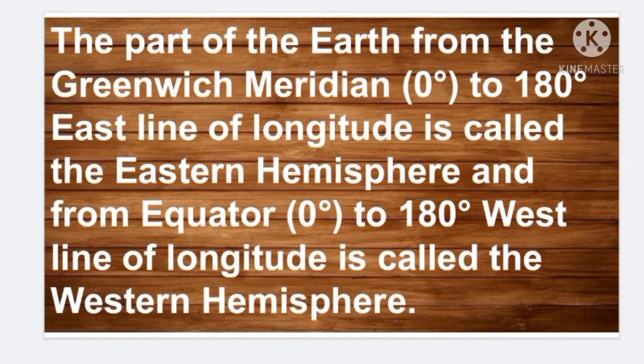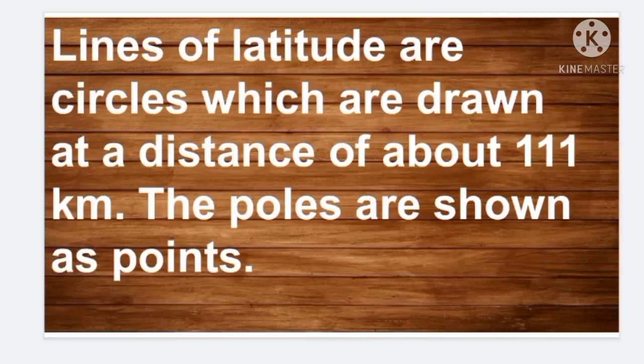The part of the earth from the Greenwich meridian 0 degree to 180 degree east line of longitude is called the eastern hemisphere, and from the Greenwich meridian 0 degree to 180 degree west line of longitude is called the western hemisphere. Lines of latitude are circles which are drawn at a distance of about 111 km. The poles are shown as points.